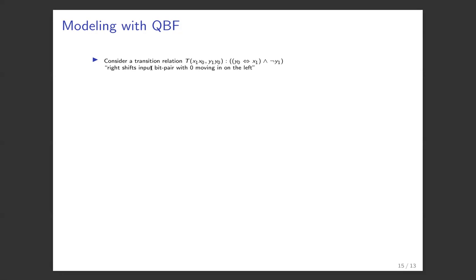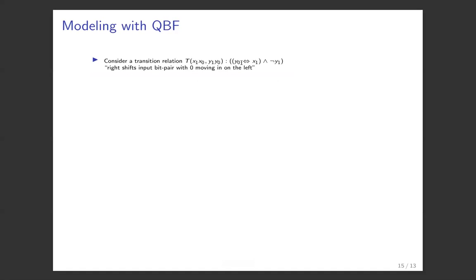They're not input, but there are two state bits, and the transition system corresponds to shifting the bits in the state to the right and bringing in 0 on the left side.